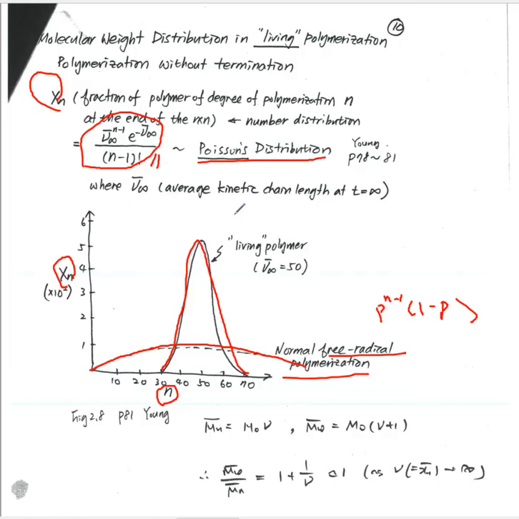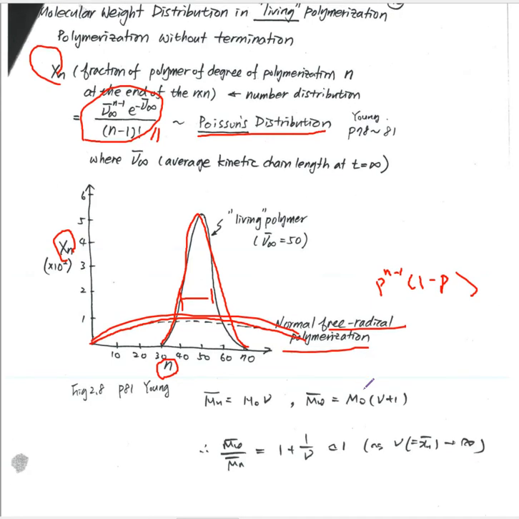That's why we consider anionic polymerization as a way to generate almost monodisperse polymers, which have a much narrower molecular weight distribution compared to free radical or step growth polymerization methods. As I mentioned, the PDI is this form, 1 plus 1 over the number average degree of polymerization. So almost 1.